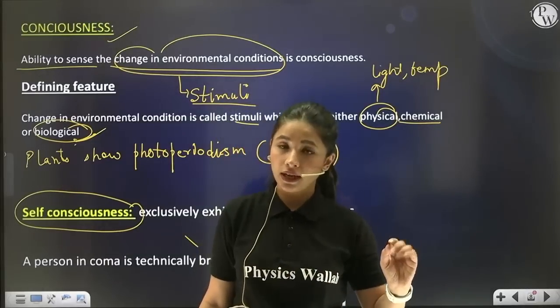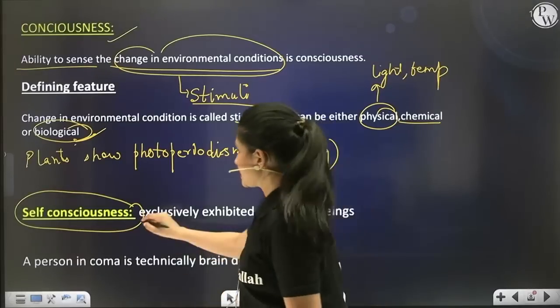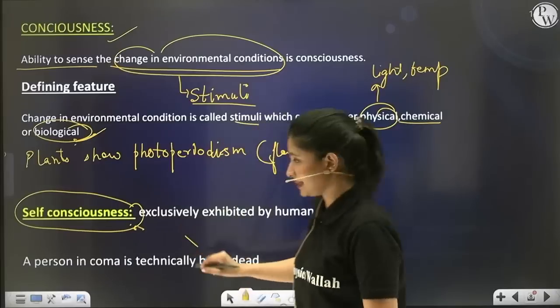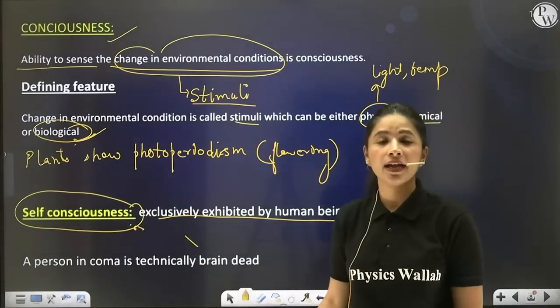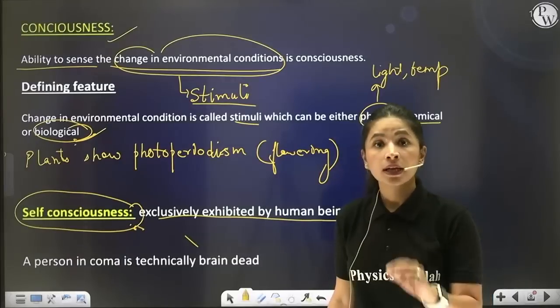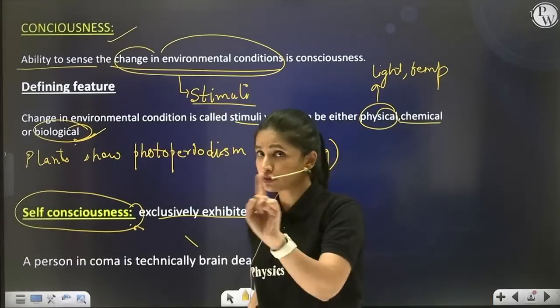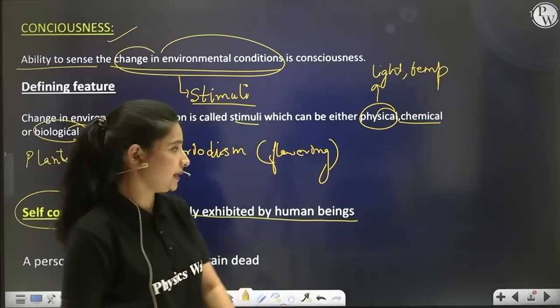Thus, if the question comes what is self-consciousness, whether it is a defining feature or characteristic feature, then what will be your answer? Self-consciousness is, first of all, exclusively exhibited by human beings, not living organisms in general.